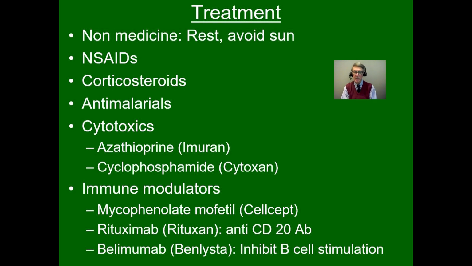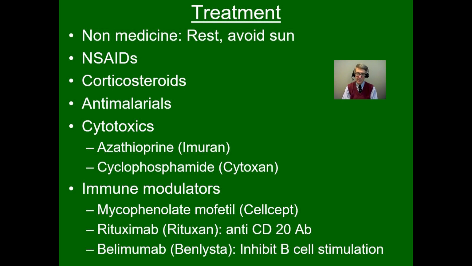Now, the antimalarials, and these are things such as hydroxychloroquine, are felt to be very important in the treatment of lupus. For the patients with mild lupus, they are probably the treatment, and even in patients with aggressive lupus where other medicines are used, it's felt that a course of antimalarials can benefit the patients, and so they're very frequently, almost always used in our patients.